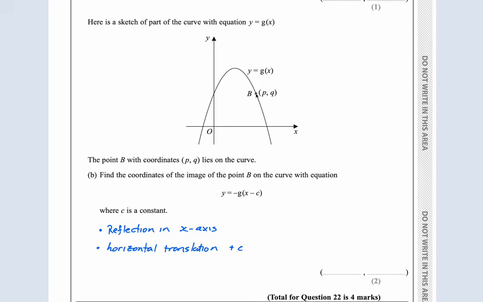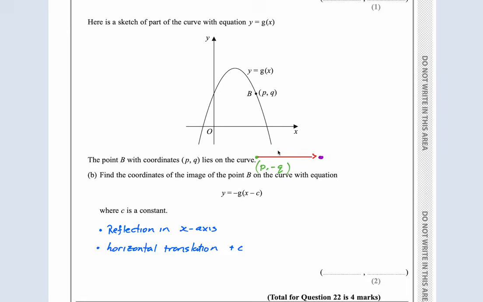So what happens is this P, Q, first we're going to flip it upside down. We're going to reflect it in the x-axis, so it will go somewhere down here. Now what's that point? Well, that point is P, minus Q. But then we need to move it right by C. So now it goes to this point here.